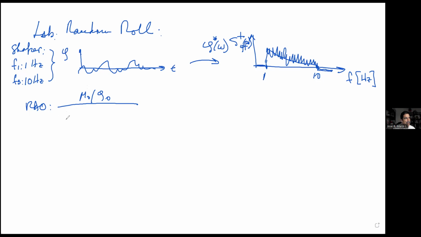Ms. Lopez, do you remember? What do we have in the denominator? The amplitude of the... no, I don't remember. Amplitude is here.